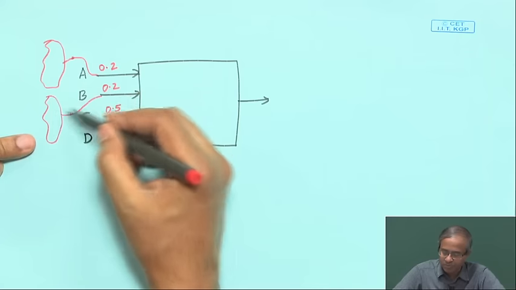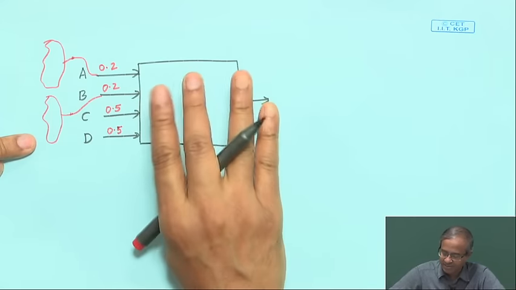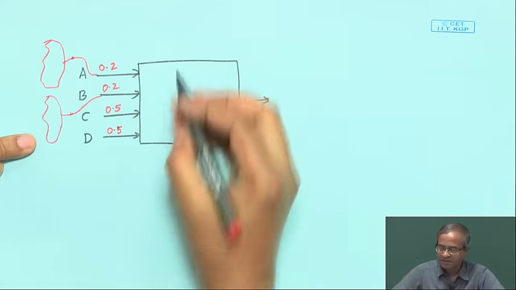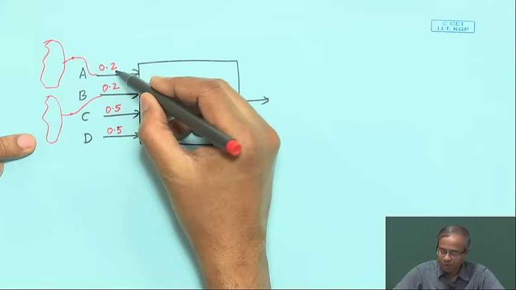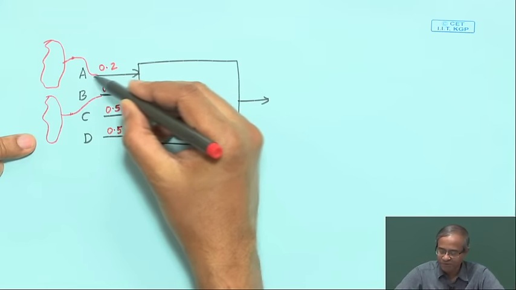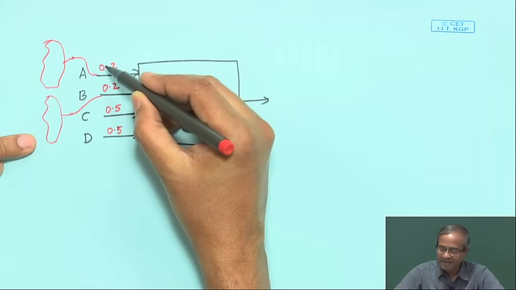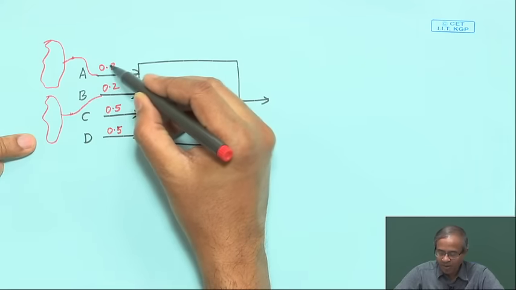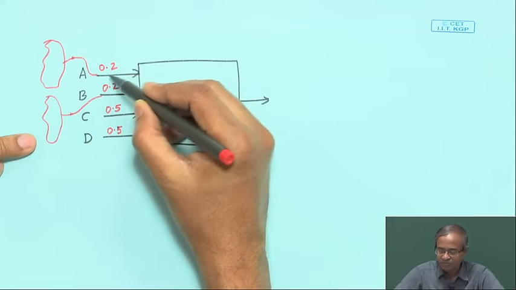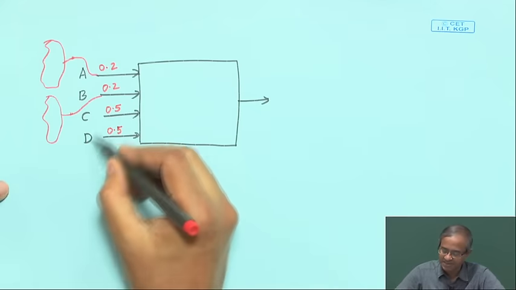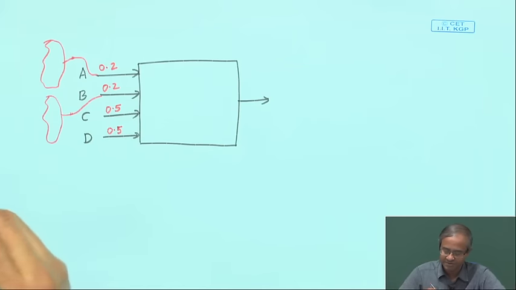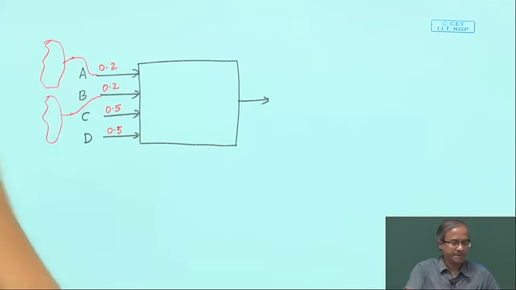There is a simple probability based calculation, we shall be looking at it with respect to a block, how these probability calculations are done. So, 0.2 means the signal value at line A will be 1 with 20% probability, and will be 0 with 80% probability, right. Similarly, C and D will be 50%, 50%, all right.